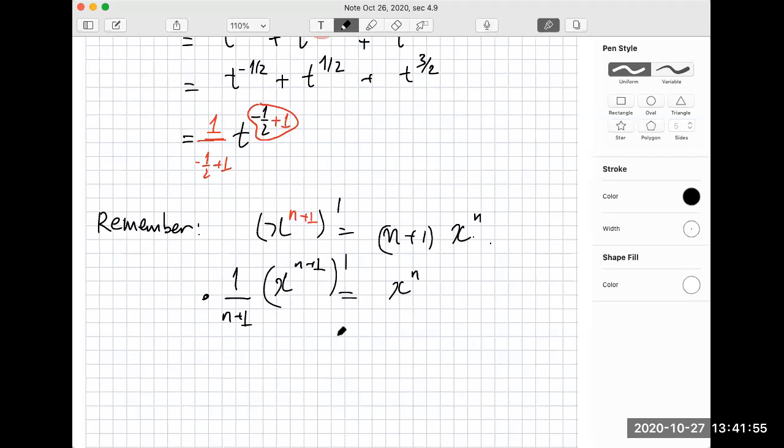From this formula, right? It means that if we are given the right-hand side, we will be able to find the antiderivative of this. It will be the base raised to the order of n plus 1 and then divided by this constant. The same story applies here. Do you all see it? So t to the power of this plus 1 and multiplied by 1 divided by this power, okay?